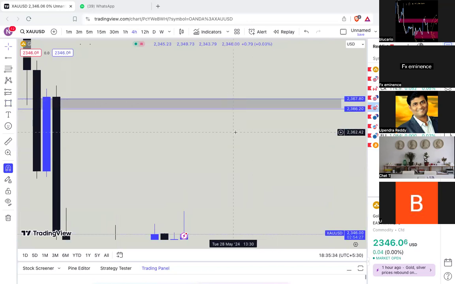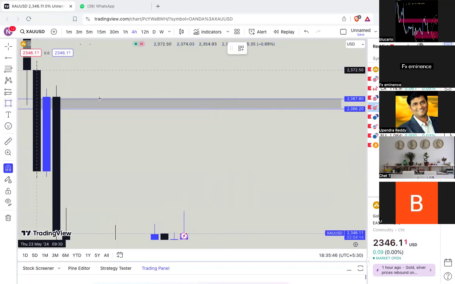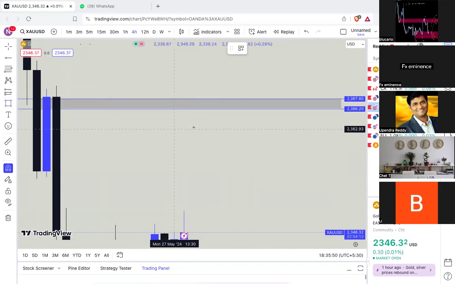Wait for M15 or M5 setups to be found after price touches this level, and then take a trade on it. You already know how to put TP and SL. Put your TP or SL 10 pips above the key level or 10 pips above your zone, the setup zone. You can do it either way.